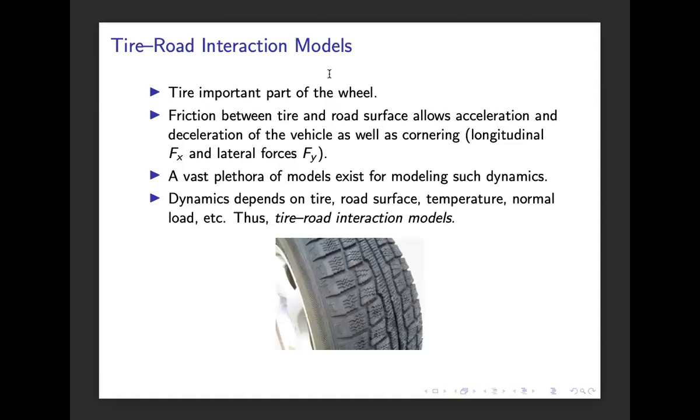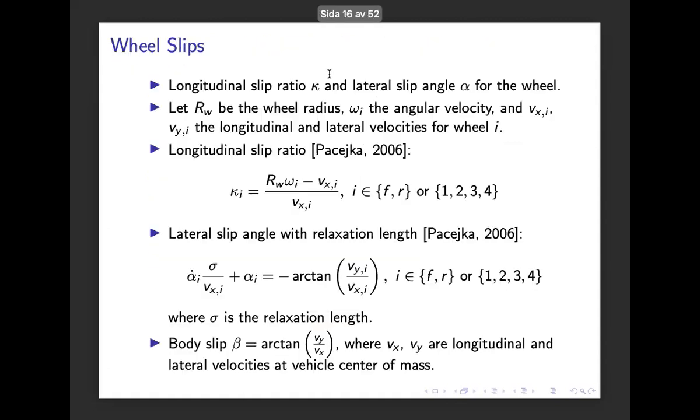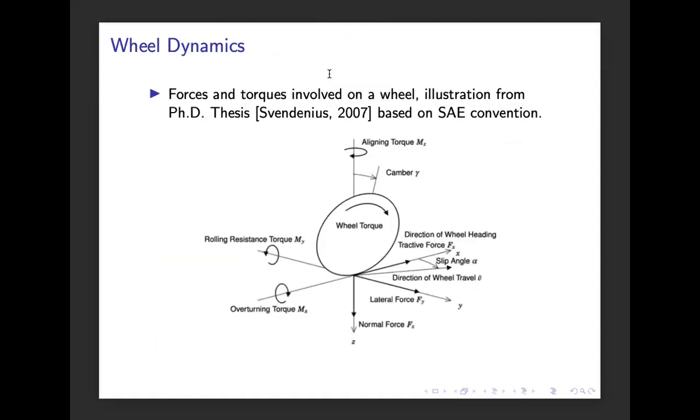And that is how we can accelerate and decelerate the vehicle. There are two key components. We have the longitudinal and the lateral forces on the tire here. So we have the longitudinal force along the direction, and we have the lateral force. And that is what we would like to model.